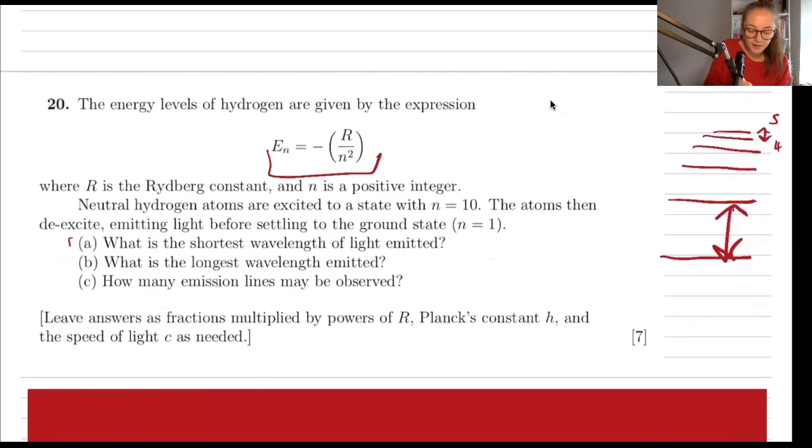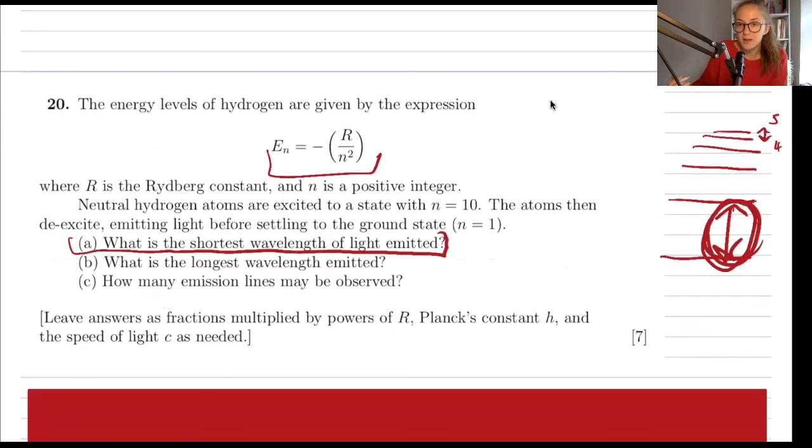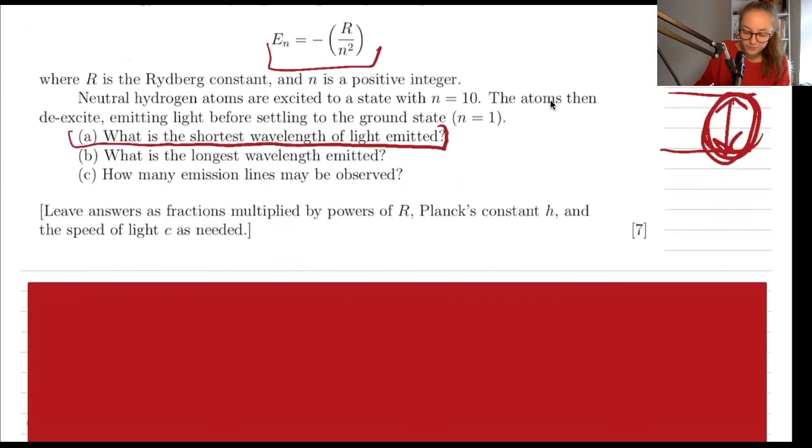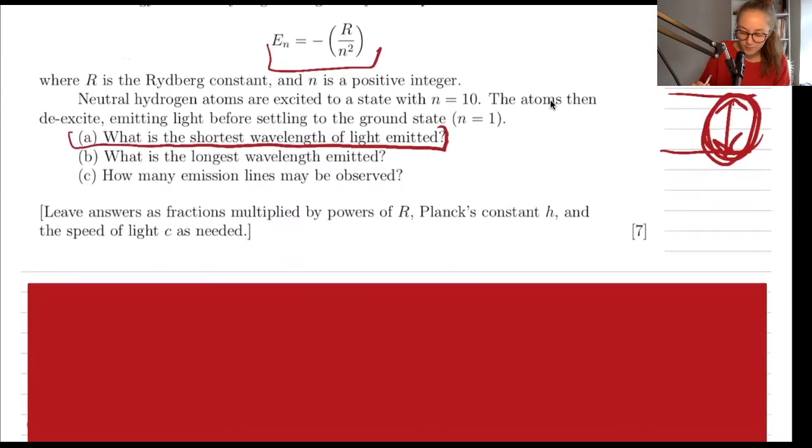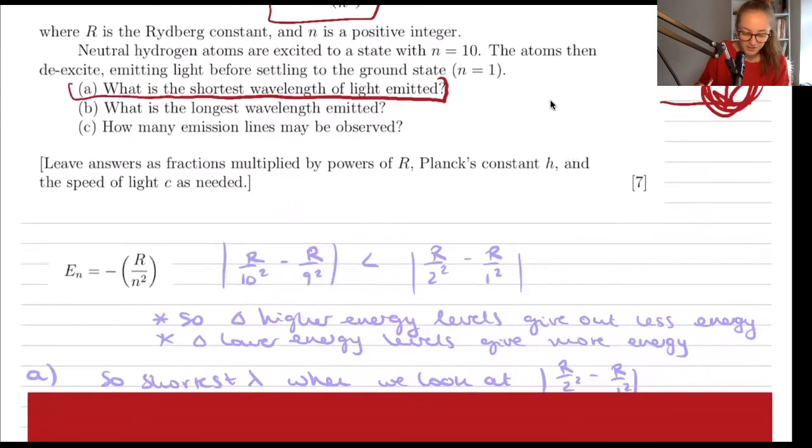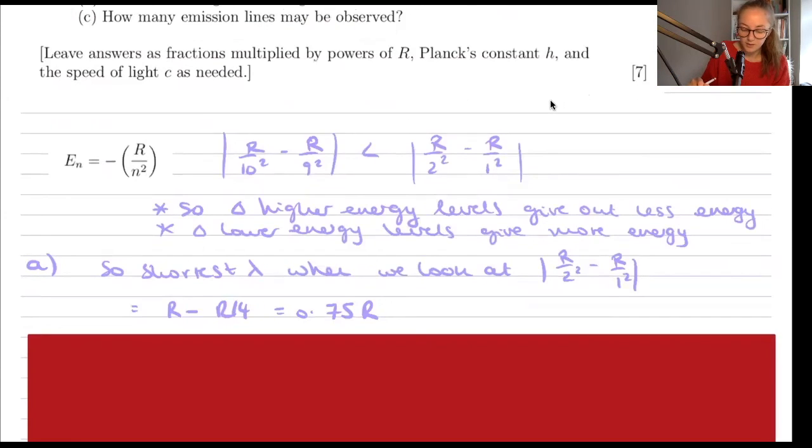And in this first part here, they want us to work out what the shortest wavelength of light emitted is. And a short wavelength implies that it's high energy. So a lot of energy means that it's dropping from the lowest possible energy levels. So we want to work out the energy change between the two lower energy levels.